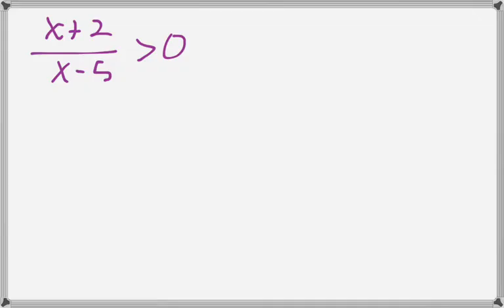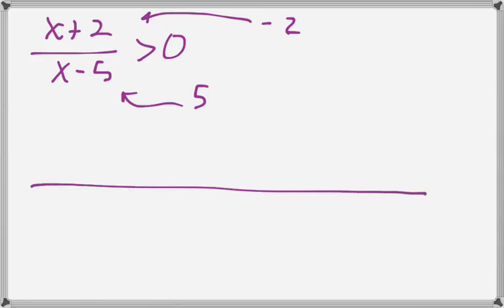We know that an x value of negative 2 makes the numerator 0, so that will be the location of an x-intercept. And an x value of 5 would make the denominator 0, so that's the location of a vertical asymptote. Those are the two potential places where the function might change sign. The function doesn't necessarily change sign there, but we need to check and see if it does.